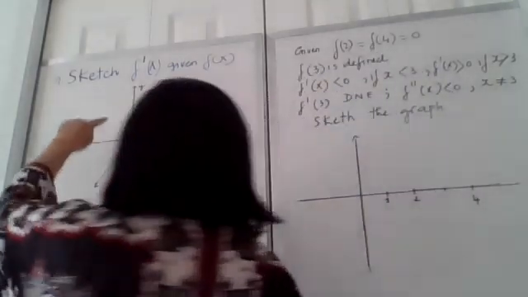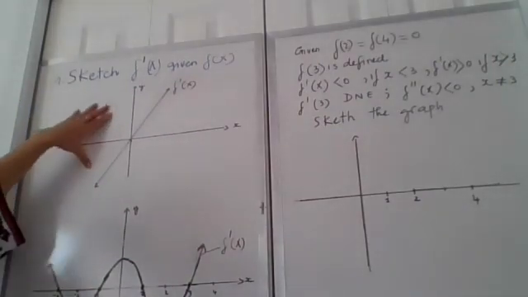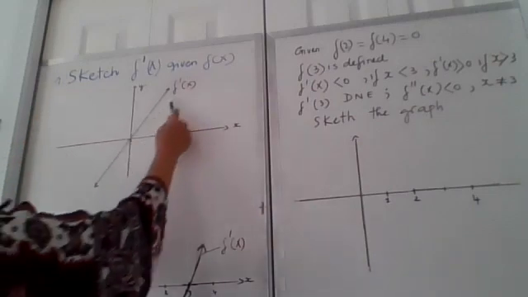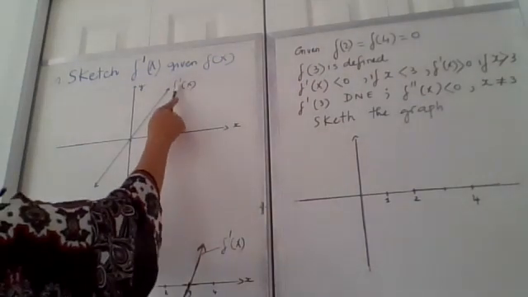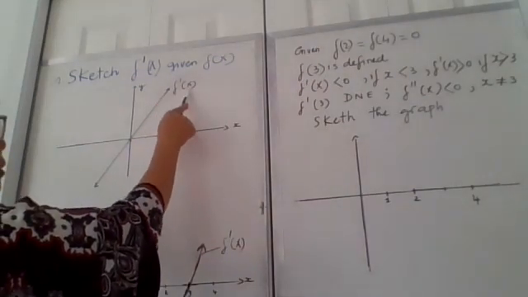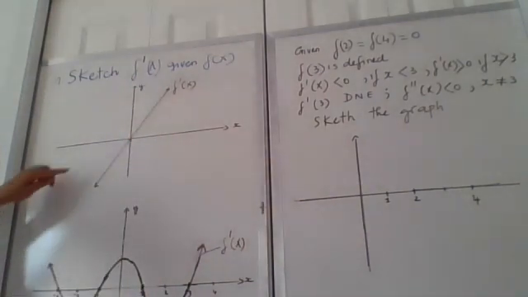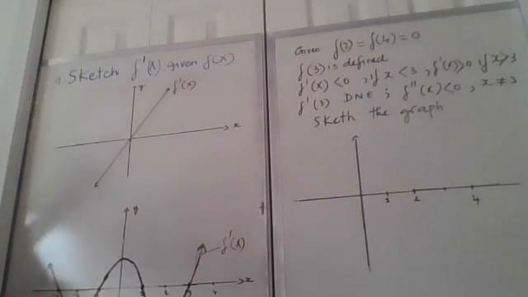Okay, so we have two graphs, right? Let's do the first one first. The first one is the easy one. However, remember, this is not the function. That's why I mark here f prime of x, which is the derivative function. Based on this derivative, we sketch our original graph.